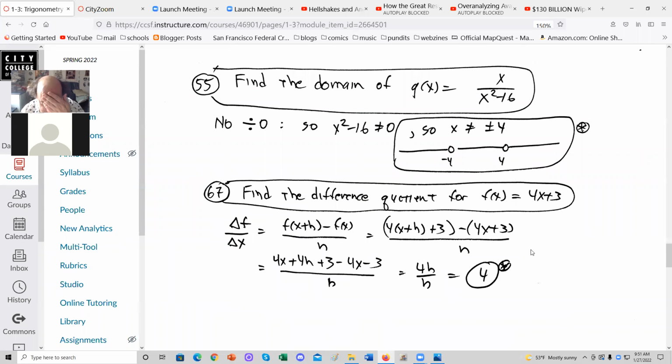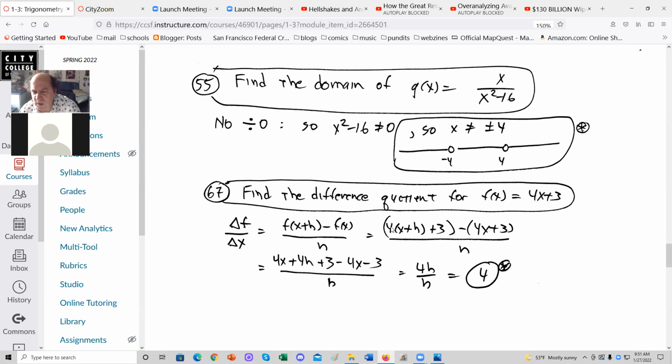Here we have, let's find out what the difference quotient is for this function. F of x equals 4x plus 3. So delta f over delta x, the change in f over the change in x, is f of x plus h minus f of x over h. Plugging f of x plus h here, you get 4 times x plus h plus 3 minus 4x plus 3, all divided by h.